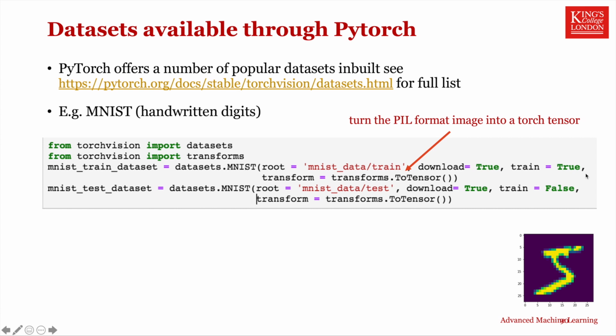If you need to download it, you then can pass the argument download equals true. And for your training data, you must pass train equals true, whereas for the test dataset, train should be specified as false. Here, the only transform specified is to transform the image from a PIL image format into a Torch tensor.